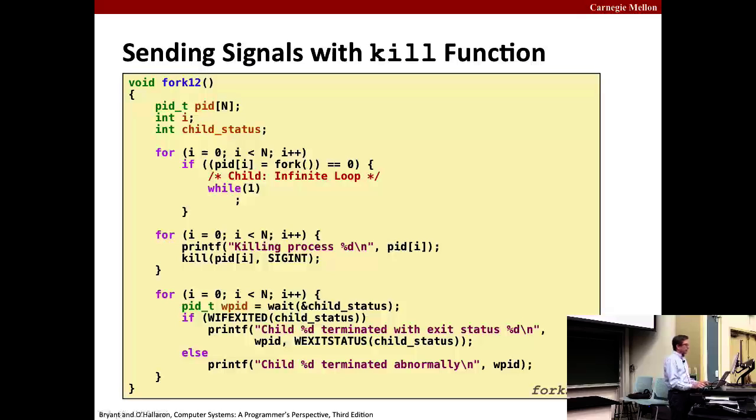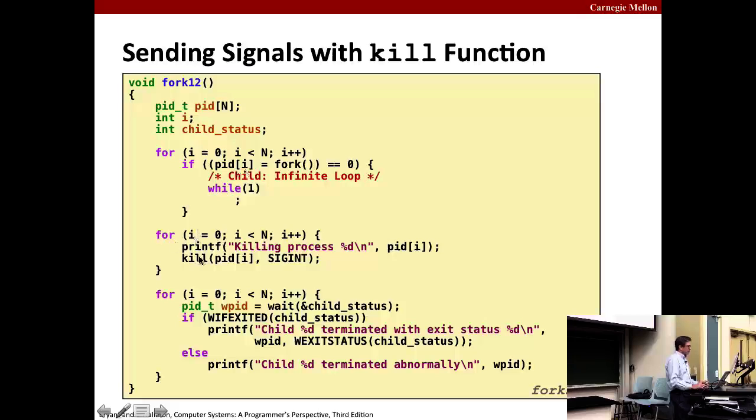Now the third way that we can send signals is by using the kill system call. Here's an example of how that works. In this example, we're creating n children, each of which goes into an infinite loop, and we're recording the process ID of each child that we create.